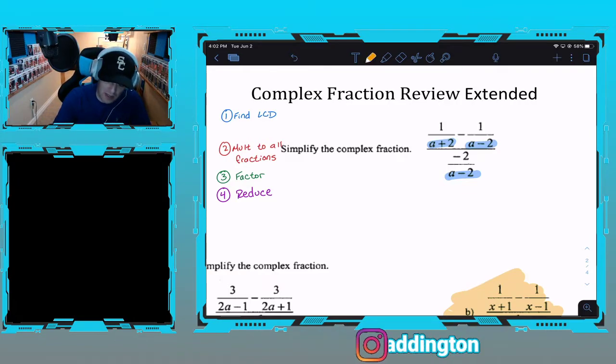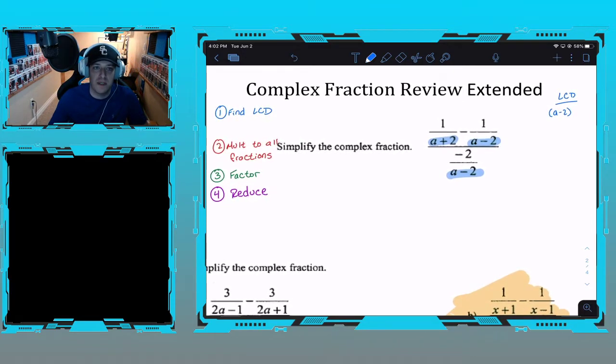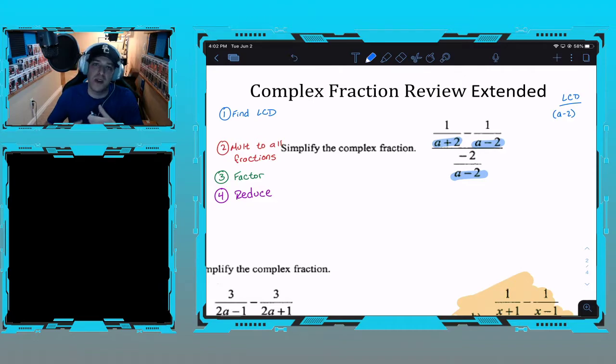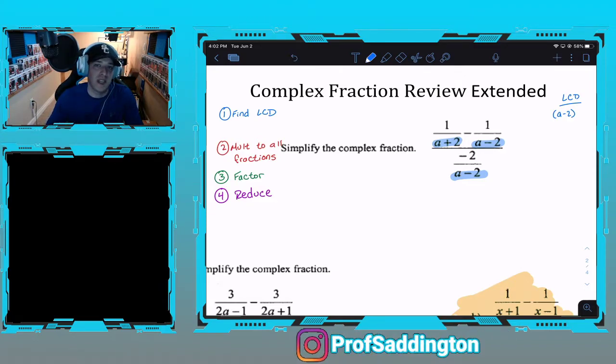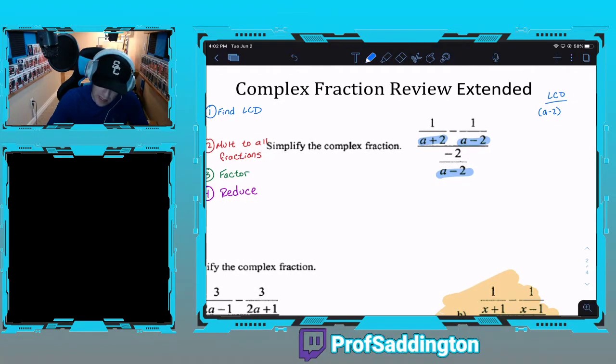You should see that there is an a minus 2 that's exactly the same. And I'm putting it in parentheses on purpose because not only do you want to write down what's exactly the same, you have to write down the parts that are not the same and multiply by them. So I have a minus 2, and the one that's not the same is a plus 2.